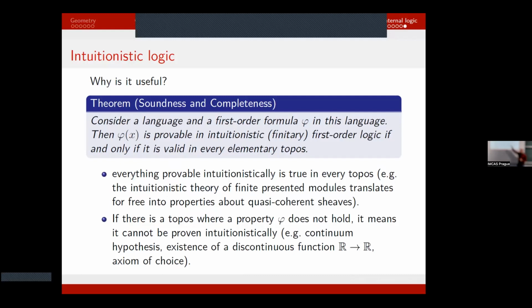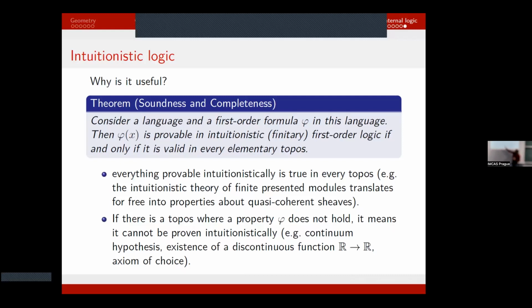I will just have to take the same statement that I formulate in first-order logic with intuitionistic deduction, and translate it through the Kripke-Joyal semantics, or use the internal language and interpret it there. And this theorem of classical algebra will translate automatically, without any proof needed, to a theorem about quasi-coherent sheaves.